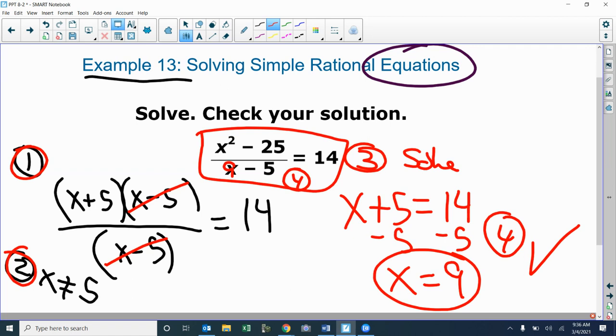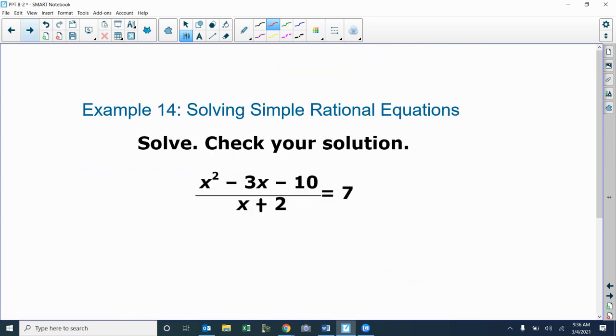All right, let's try another. See if you can follow that. Factor. Figure out what x can't be. Solve. And check your solution.